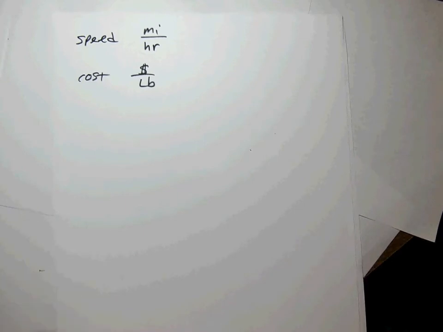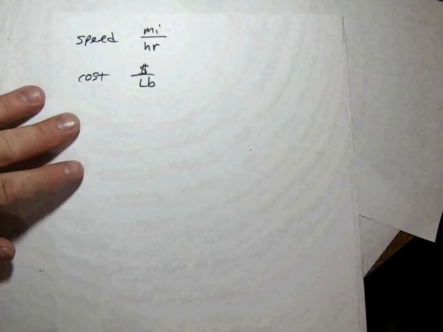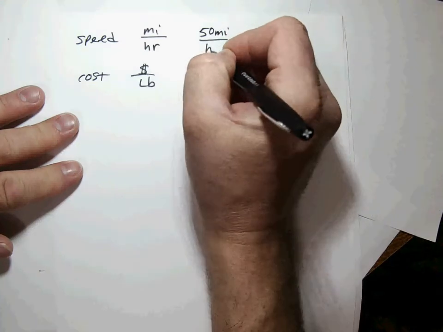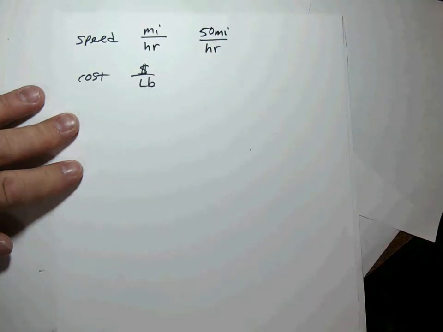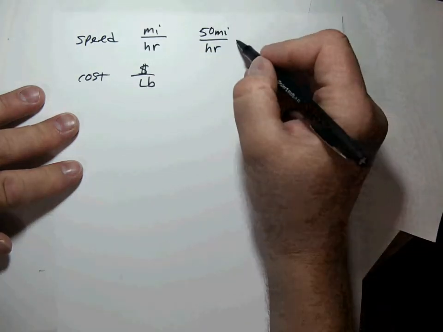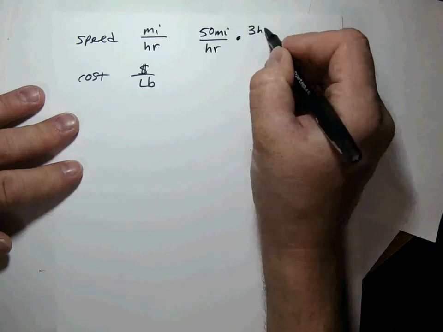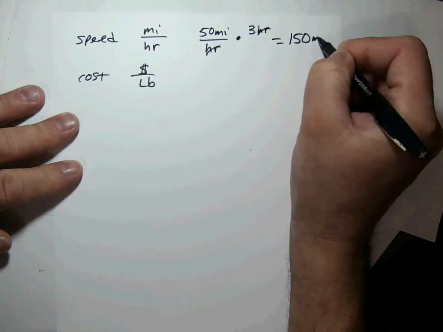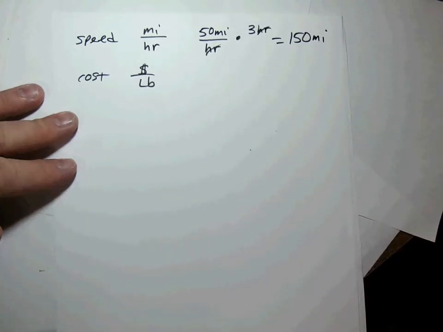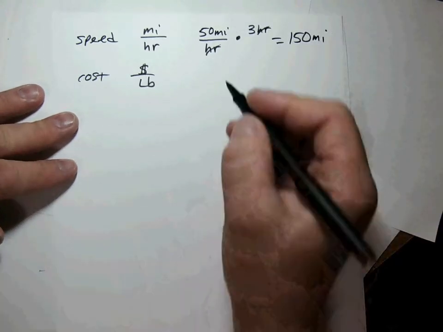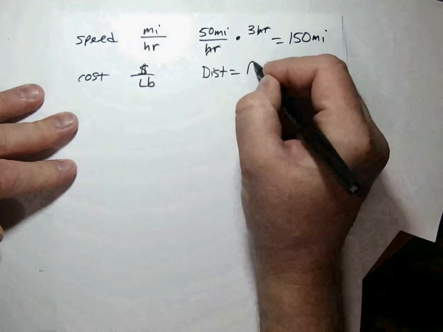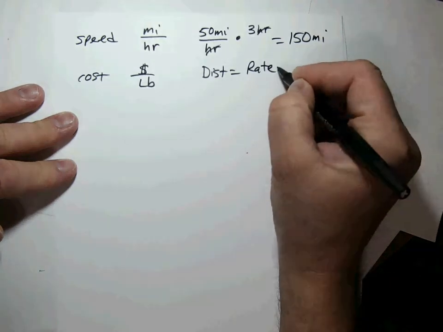If we stick with the speed example, if I'm going 50 miles per hour, and I'm traveling for 3 hours, if I multiply by 3 hours, hours cancel, and I've traveled 150 miles. So the formula here would be distance equals your rate times your time.